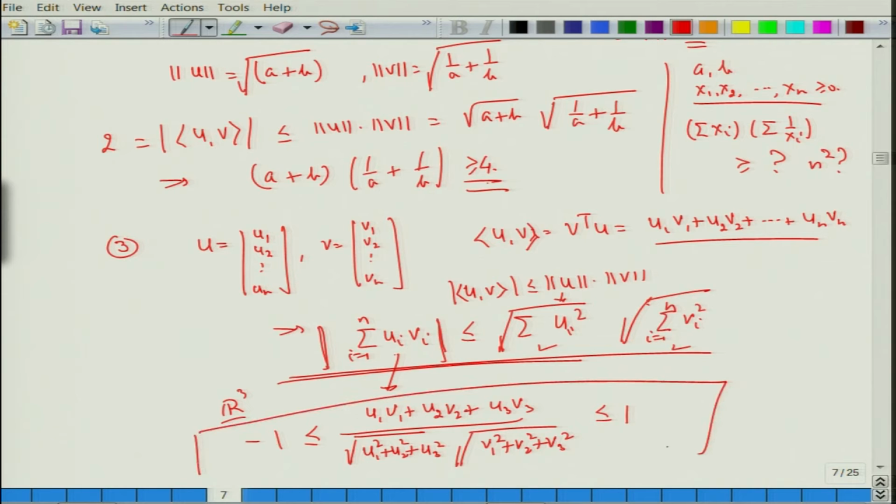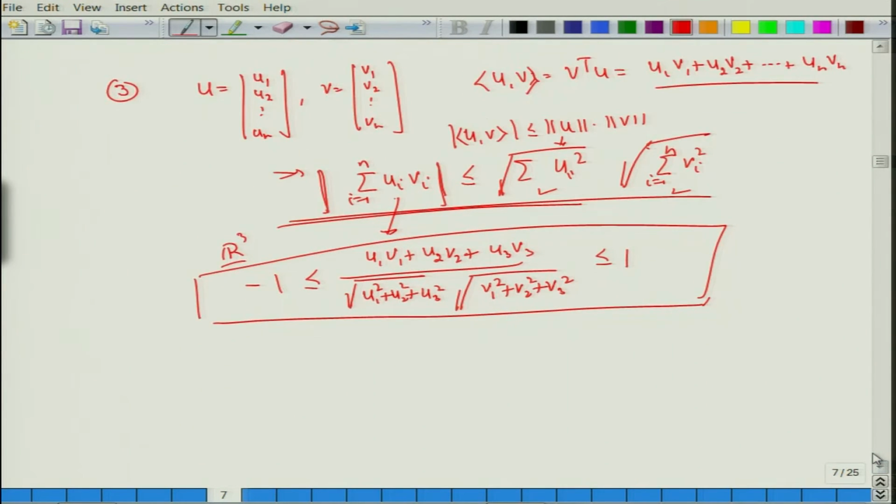Fine. So this is the one that we had in our school. Fine, we assumed it and defined the cos theta. Fine. So we have been able to do things.